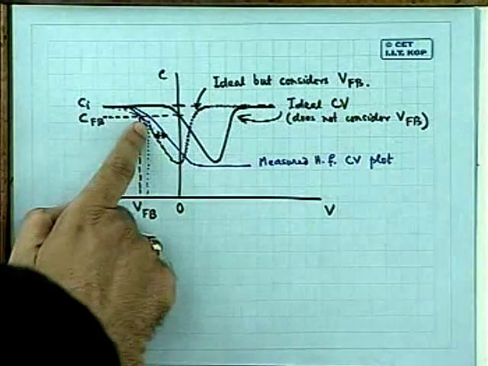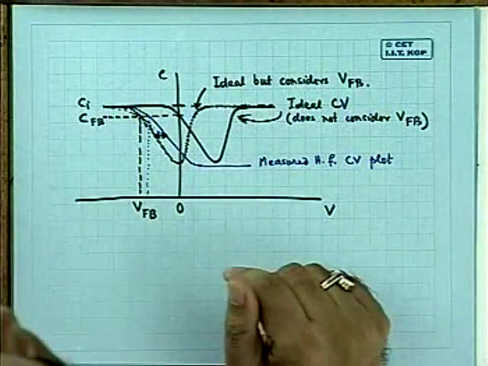I have to find the CV characteristic by experimental technique, then compare with the ideal plot, find out how much is the shift, and that shift will give me the value of VFB, the flat band voltage. So the way I have shown two flat band voltages is not correct. In fact, I should have shown it like this.